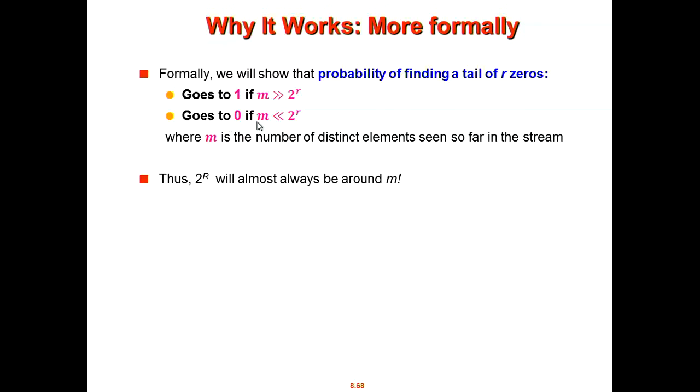It approaches 0 because we are not able to see so many distinct elements. Therefore, 2 to the power of R is just around M. It's a very rough estimation of the number of distinct elements.